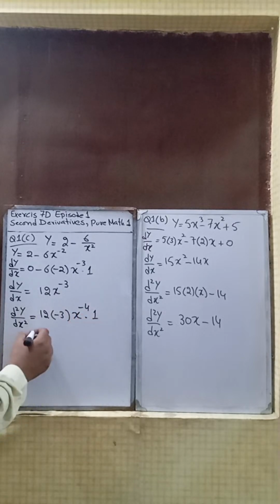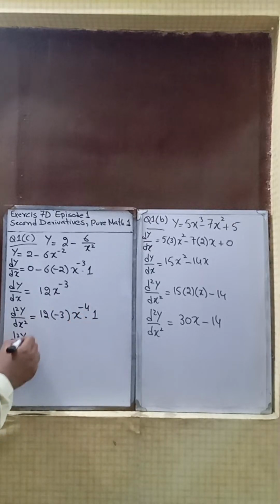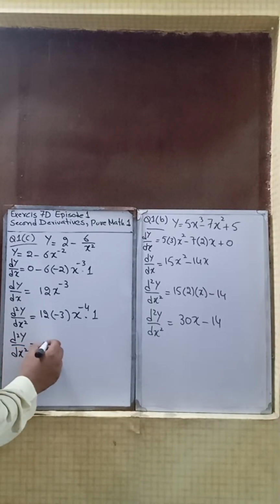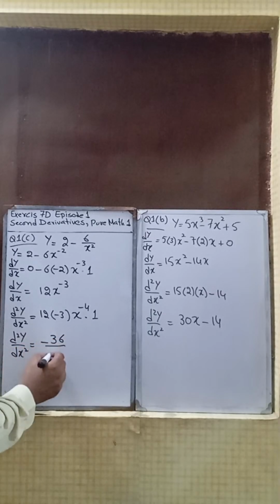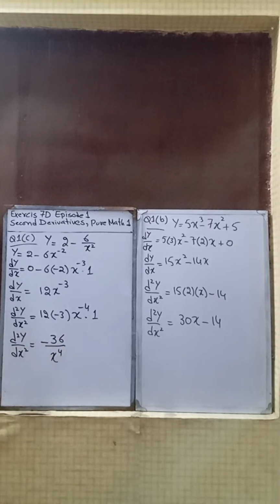So d square y by dx square will be equal to minus 36 divided by x raised to power 4. So minus 36 divided by x raised to power 4 is the answer. This is question number 1 and its C part, and this is how we will find the second derivative.